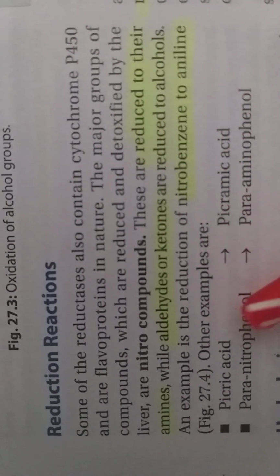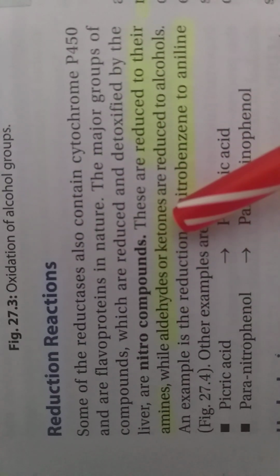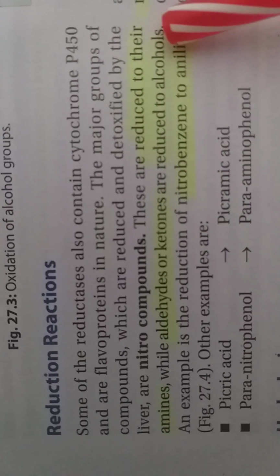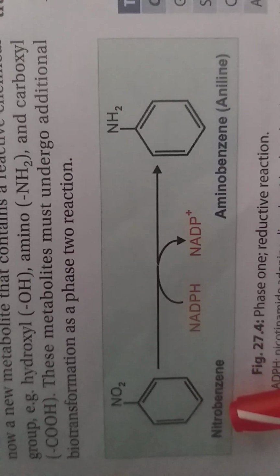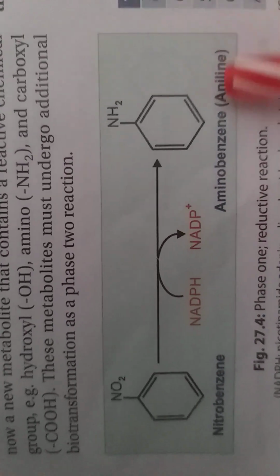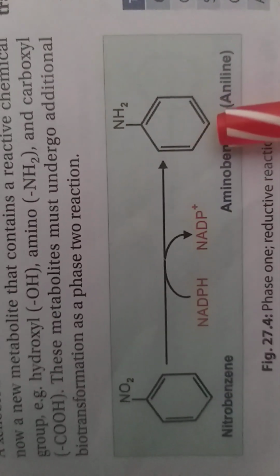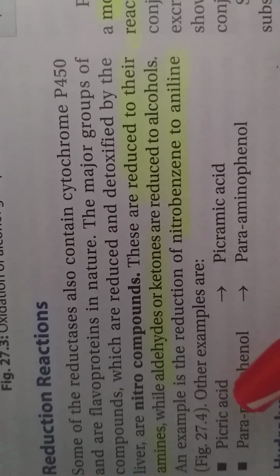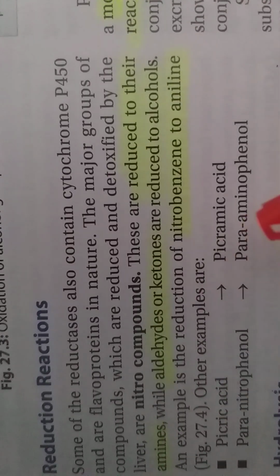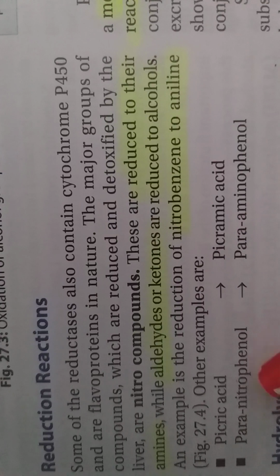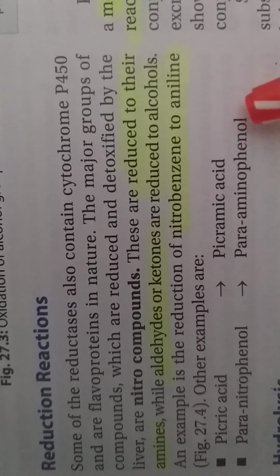These are reduced to their amines, while aldehydes or ketones are reduced to alcohols. Here you can see the example, the conversion of nitrobenzene to aminobenzene, that is, a nitro compound to its amine form, aniline. The other examples are the conversion of picric acid to picramic acid and para-nitrophenol to para-aminophenol.